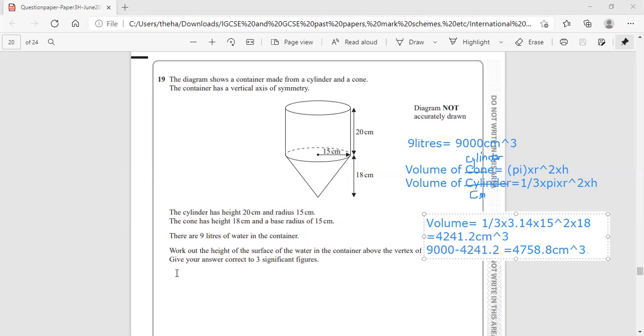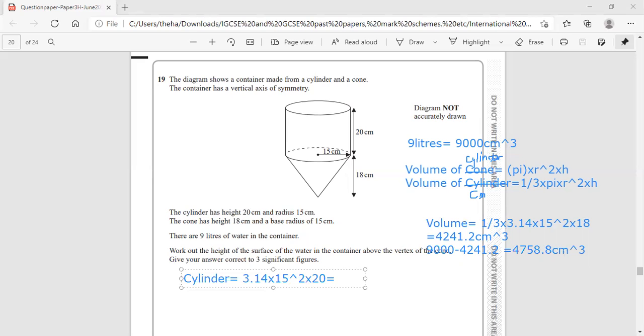All right, so we now need to work out the volume of the cylinder. So the volume of the cylinder is pi, which is 3.14. Sorry about the mix-up again earlier. Times radius, which is 15 squared, times height, which is 20.